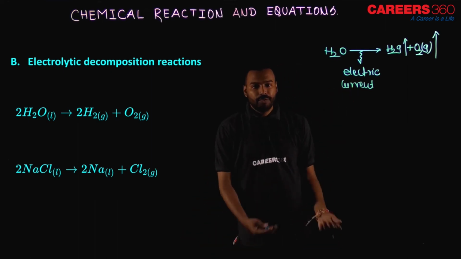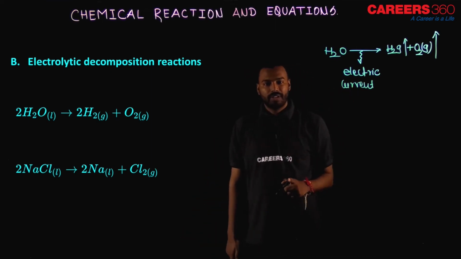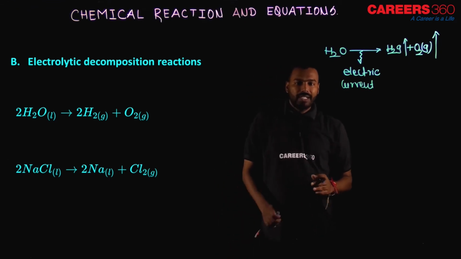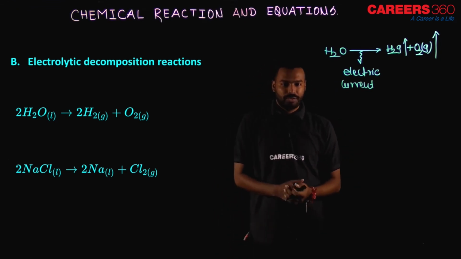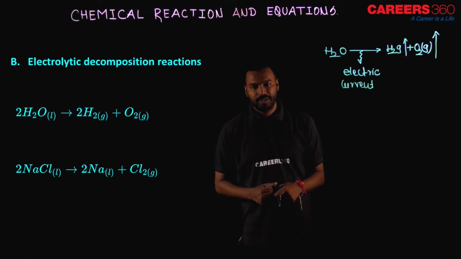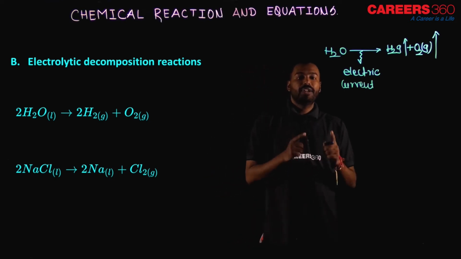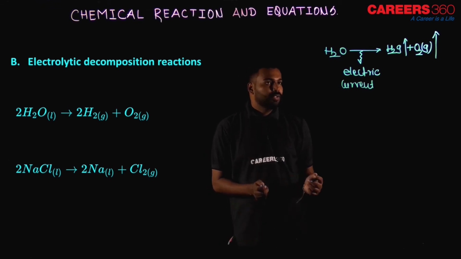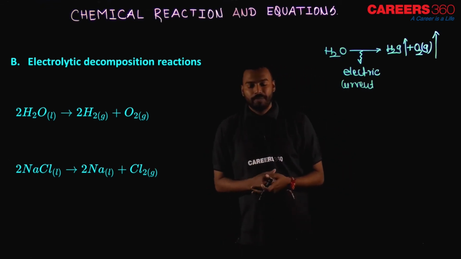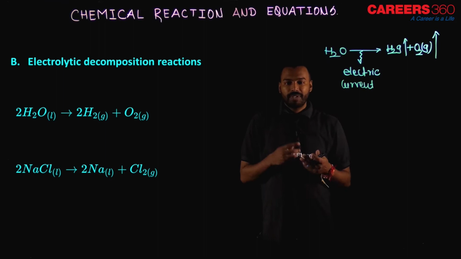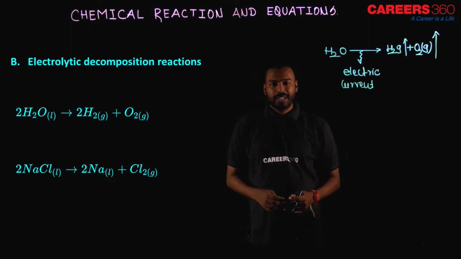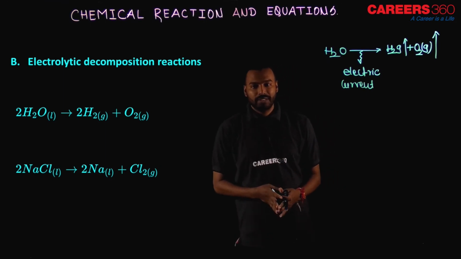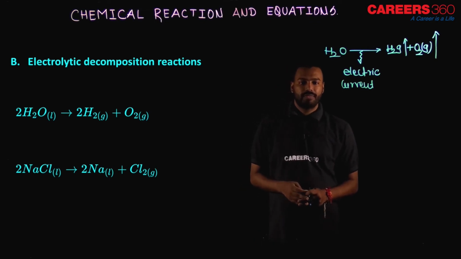This reaction is a very important reaction because there are so many possibilities to ask questions, so many questions can arise from here, and again I will come back to this part, electrolysis. See what happens in the electrolytic decomposition. What happens in the presence of electricity? If you decompose any compound, that reaction is known as electrolytic decomposition reaction.